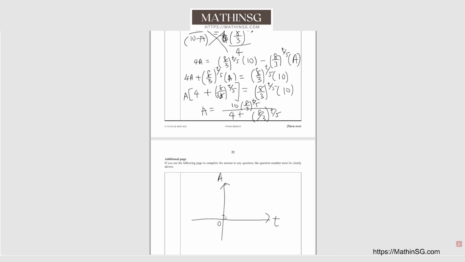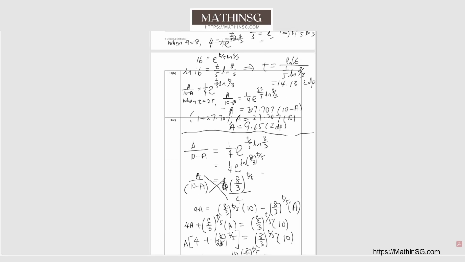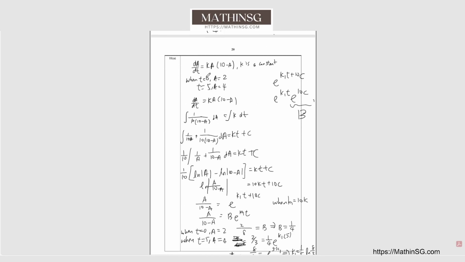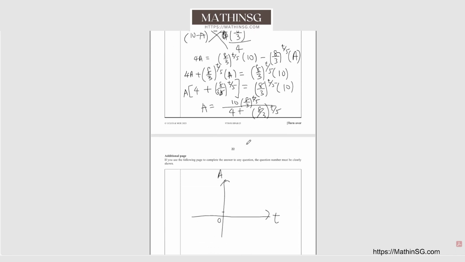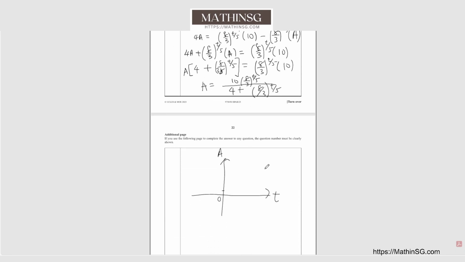So we'll start from 0. We already know that when t is 0, A is 2. If you sub it in or go to your GC, when t is 0, A should be 2. If you don't get that right in the graph on your GC, that means something must be wrong.